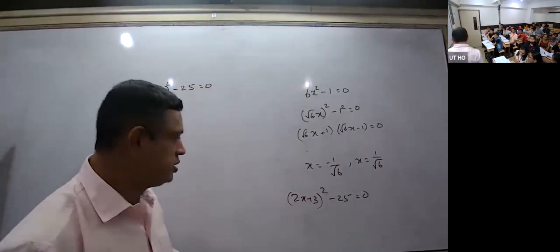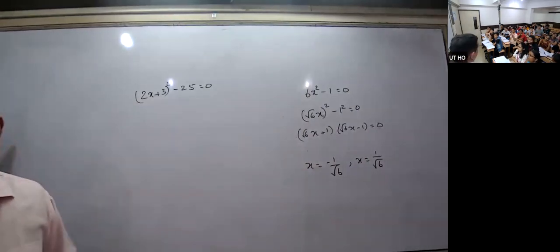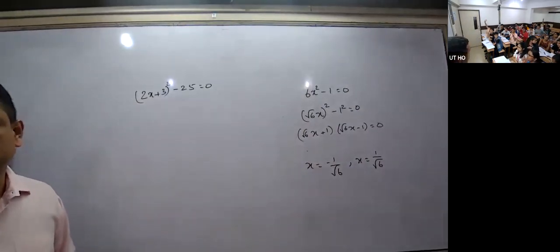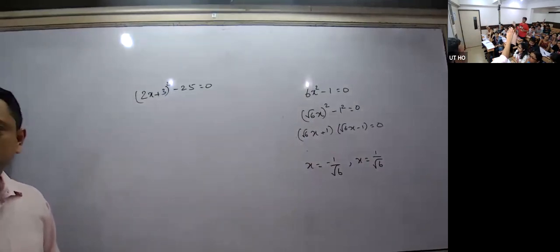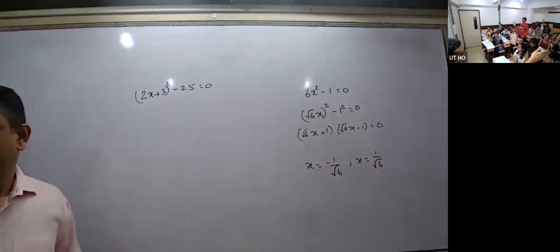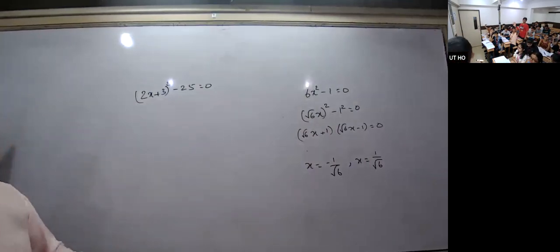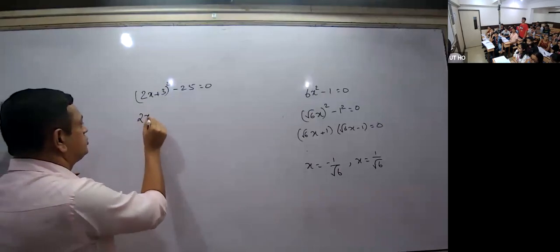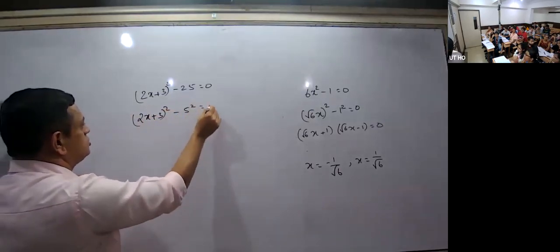This one: 2x plus 3 whole square minus 25. Who will explain? So we'll take 25 to that side and square root that. It would be 2x plus 3 the whole square minus 5 square equal to 0.